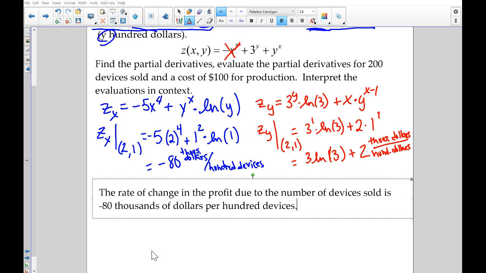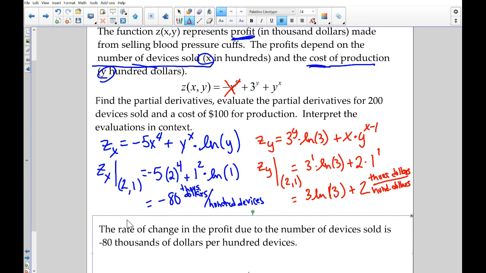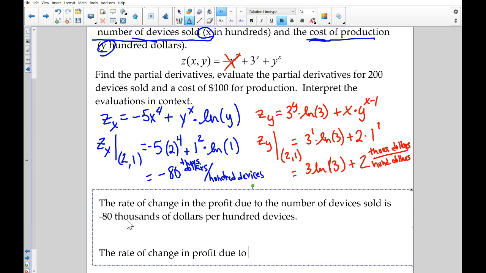That would be for the blue part, and then the red part, I would interpret that as the rate of change in profit due to the cost of production is 3 natural log of 3 plus 2.